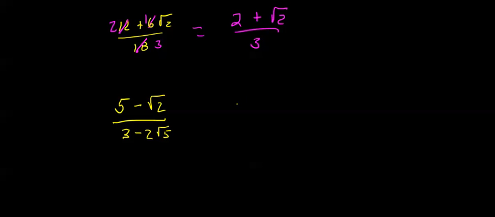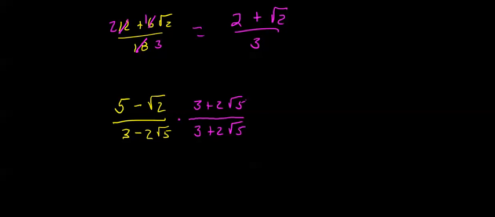All right, we have 5 minus radical 2 over 3 minus 2 radical 5. Here we have a radical on the top and the bottom. Doesn't matter, we multiply top and bottom by the conjugate of the denominator. 3 plus 2 radical 5. 3 plus 2 radical 5.